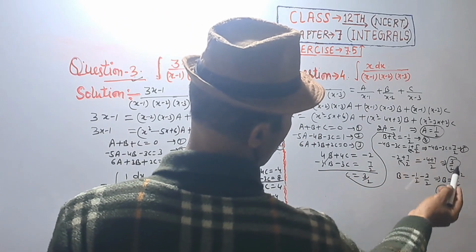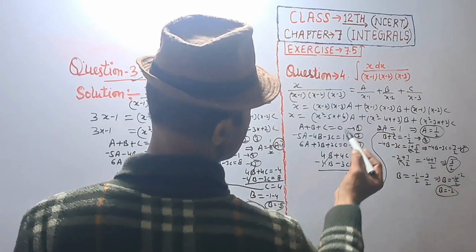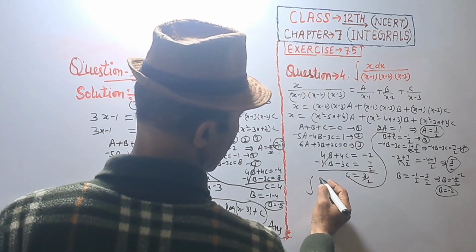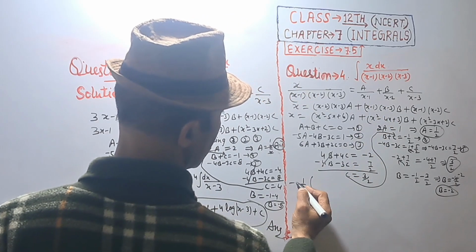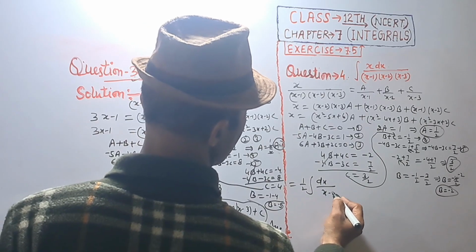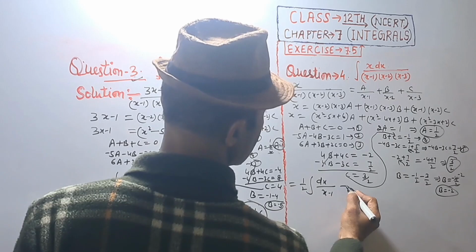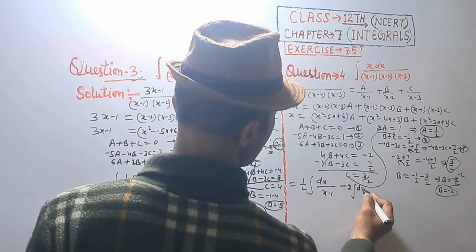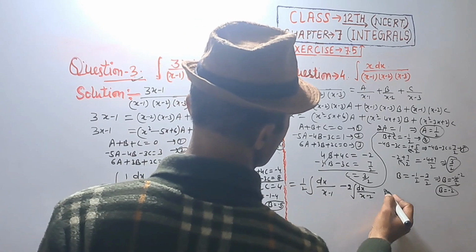We put the values of A, B and C in this integration. A is 1 by 2 out of the integral, dx upon x minus 1. B is minus 2, integration of dx upon x minus 2.